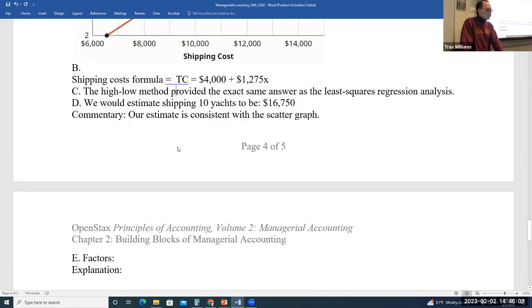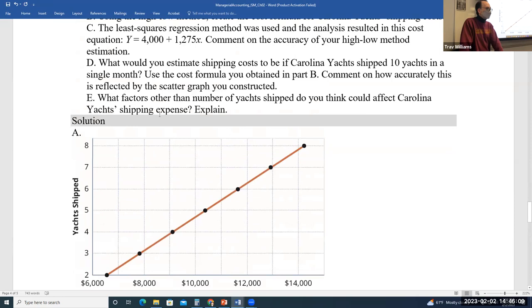And then the last part, what factors other than the number of yachts shipped do you think could affect Carolina yacht shipping expense? So even though we can make these predictions, there are things that could impact the costs that we can't predict, right?